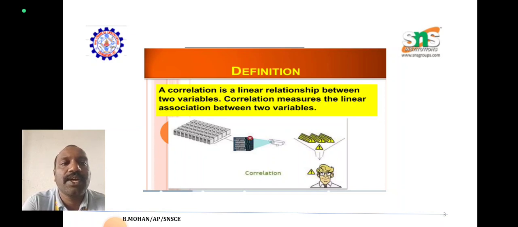That is called correlation. See, correlation is a mutual understanding, that's all. The simple thing is that there is a mutual understanding, and that is called correlation.